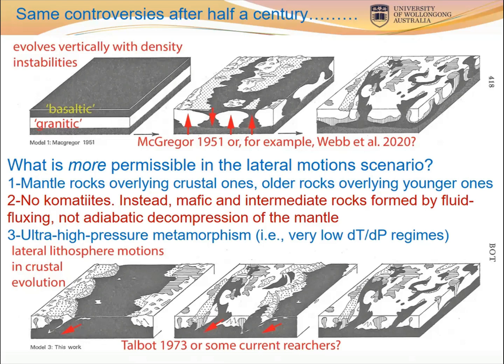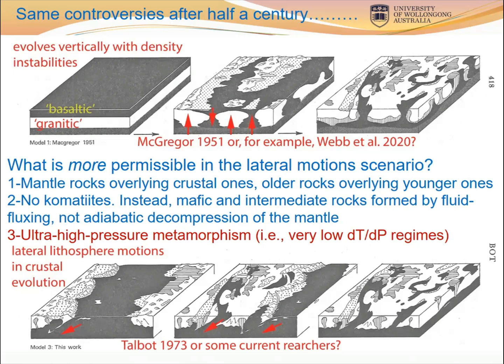And this has, as we'll see, specific geochemical signatures. Another thing to consider is ultra-high pressure metamorphism. This, of course, is rare, but definitely a signature of plate tectonics, particularly in subduction zones, and it is really untenable in the stagnant lid vertical tectonics scenario.